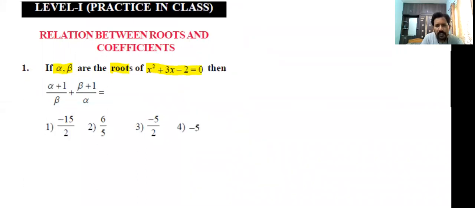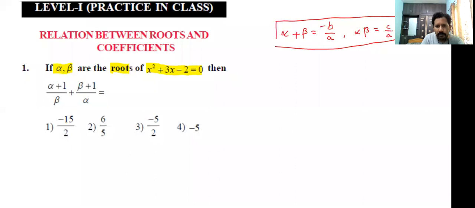What is the formula actually? Alpha plus beta is equal to minus b by a, alpha beta is c by a. Sum of the roots, product of the roots. We know the formula, and here identify that a value is 1, b is 3, c is minus 2.